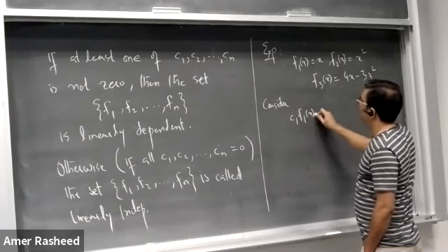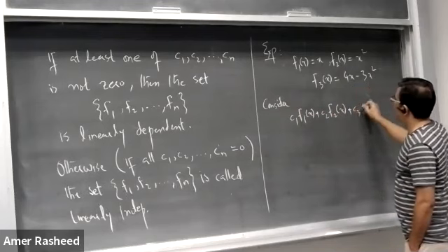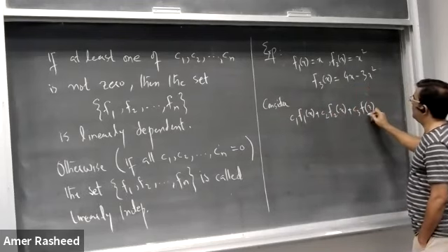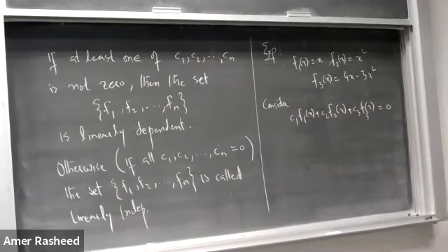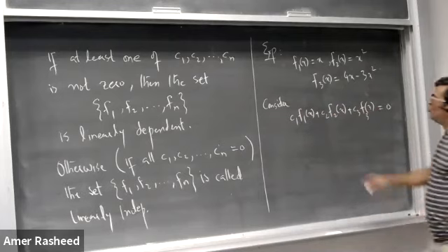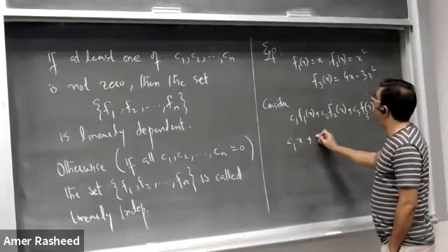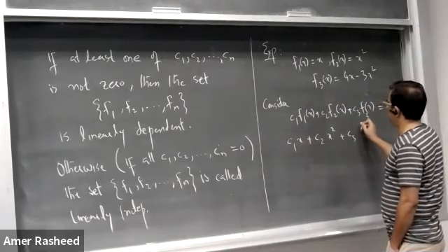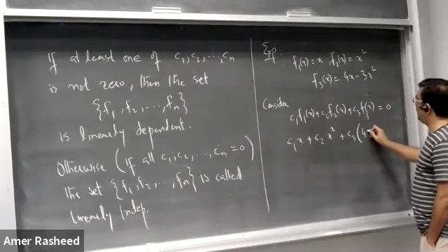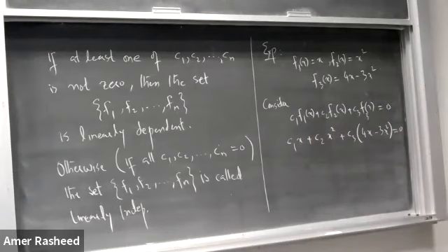We write that expression for three functions: C1 x plus C2 x squared plus C3 times (4x minus 3x squared) equal to 0.